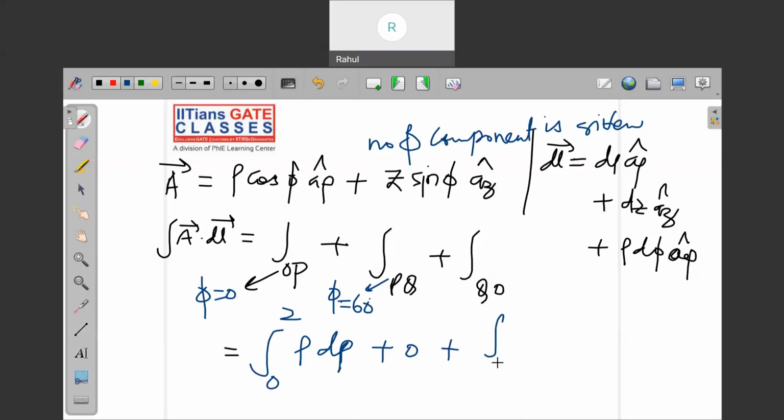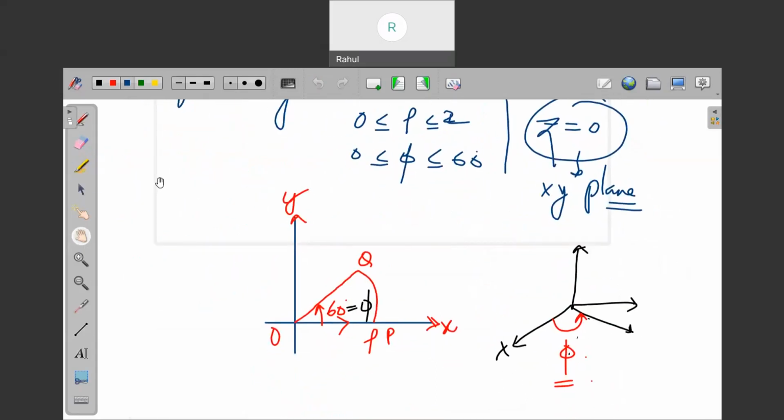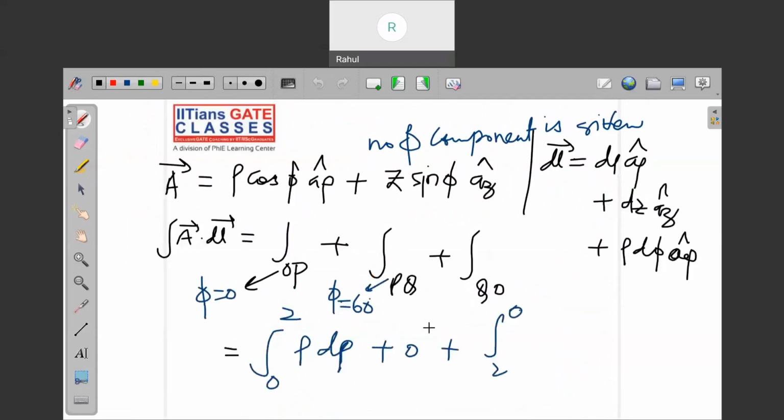Now you have to move from 2 to 0, after all, rho is varying. You can see this is the wedge, and here the rho value is 2, because this rho is a radius. Now you are moving along rho, and the phi is 60.